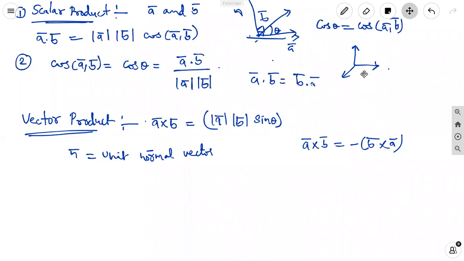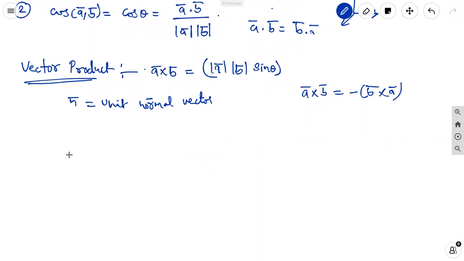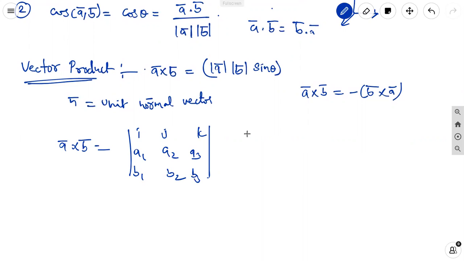Here, A vector cross B vector can be calculated using the determinant, that is equal to the determinant of I, J, K, A1, A2, A3, B1, B2, B3, where A vector is equal to A1I plus A2J plus A3K.